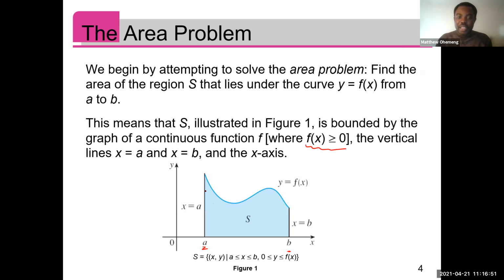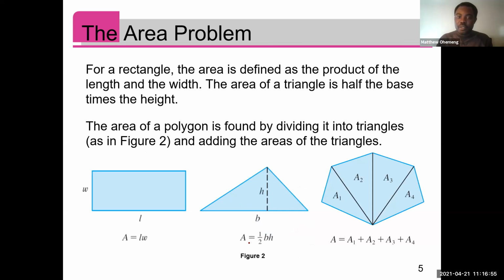If it looked like a triangle, the area is half base times height. And for a hexagon, you can liken it to several triangles and compute the area of each of them, A1, A2, A3, A4.